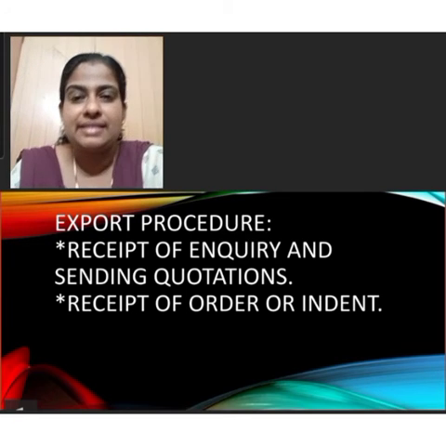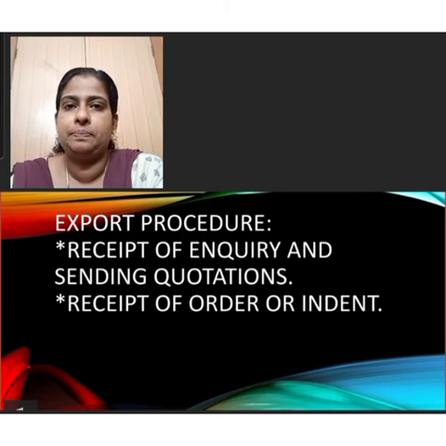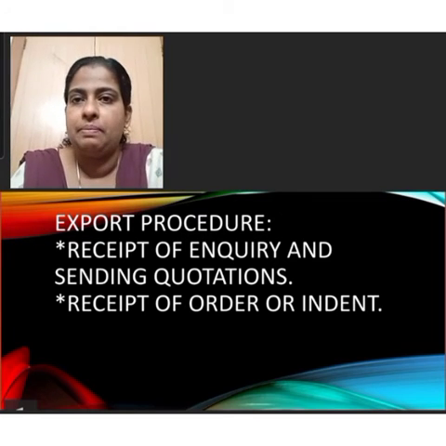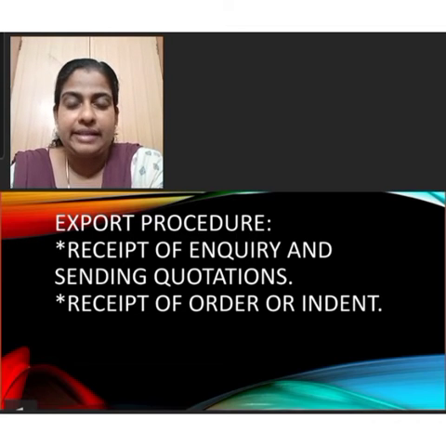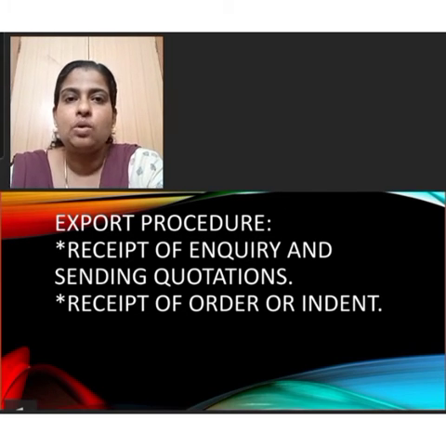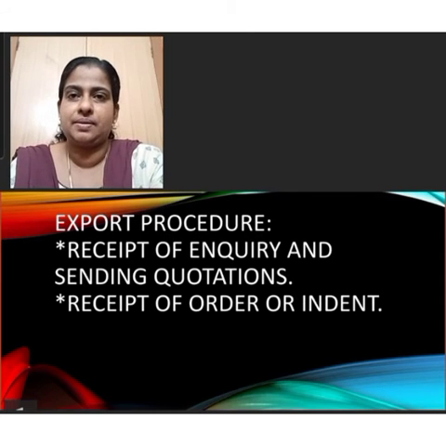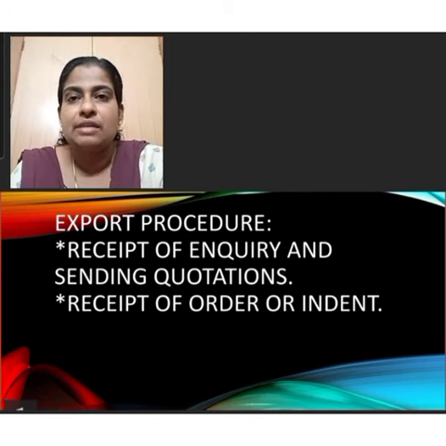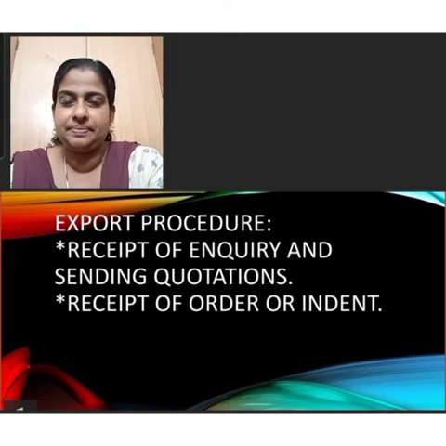The indent house is an agent which imports the goods on behalf of the importer. It serves as a middleman or intermediary between the importers and exporters. Indent houses charge commissions for their services from importers. An indent refers to an order received from abroad for sale of goods.